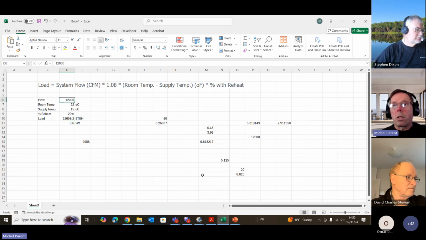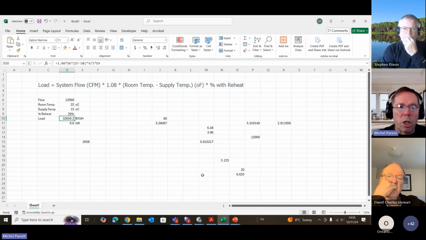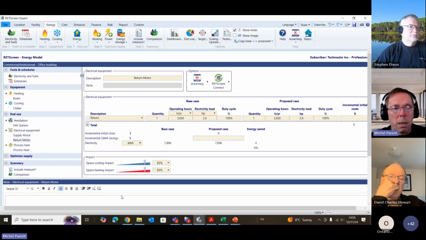So you could calculate your reheat based on your average winter flow, because that's where your reheat may be more active. Maybe it's active all year round, and then you would enter the average yearly flow. So we have 9.6 kilowatt of reheat using exactly the same calculation.